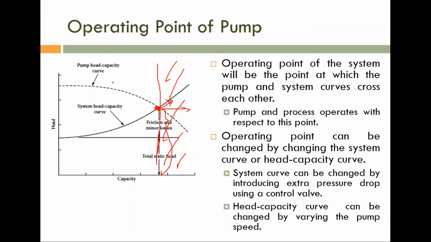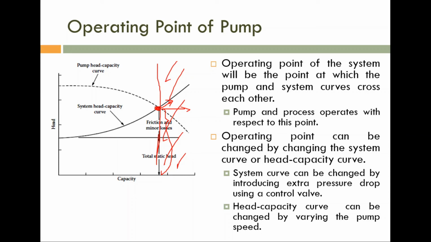Okay, so if you are using this pump curve for this system curve, for the pipeline or for the transportation with this system curve, the maximum flow rate that we can achieve is this one. So this is known as the operating point. If you are starting the pump, slowly flow rate will increase up to this point.